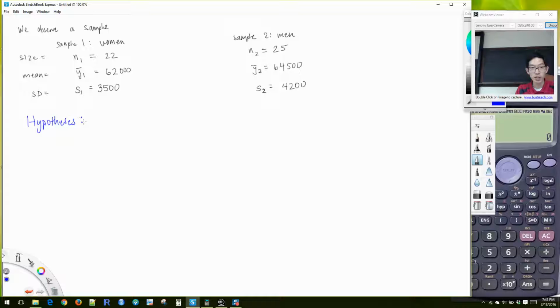Okay, so the hypotheses, our null hypothesis, I'm going to write this in words first, will be that men and women have the same mean salary in the population. Okay.